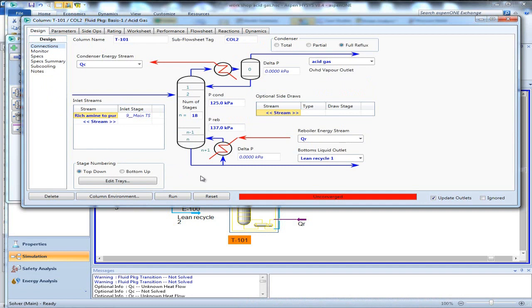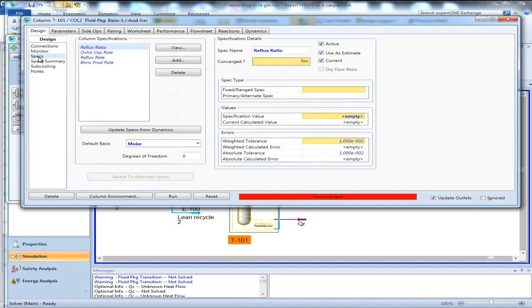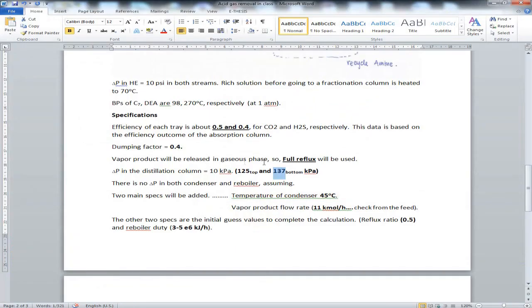So let's get back to the specification. In the handout, we are talking about this for specification. So let's see the initial guess values first. This is just to complete the calculation, so we don't have to activate these 2 values. They are the reflux ratio and reboiler duty.